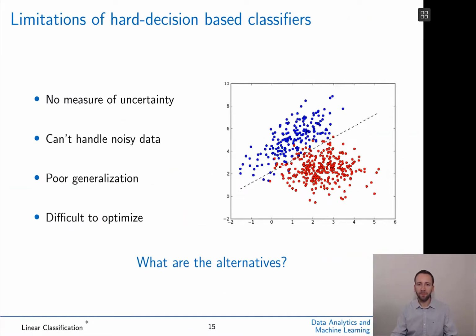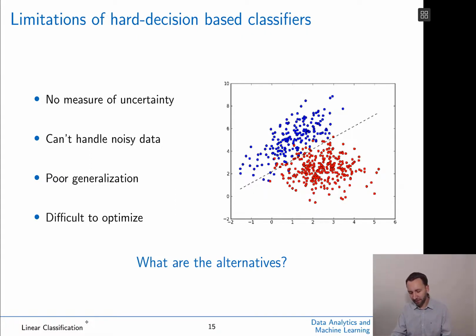Okay, so we have seen multiple classes. We have seen that we have this linear case and this nonlinear case, but there is some problem still present, which is due to the fact that we learned here so-called hard decision boundary or hard classifier. Hard means really in the sense that we have this hard boundary and we say on this side it's red and on this side it's blue, as you see it in this plot. What is the drawback?